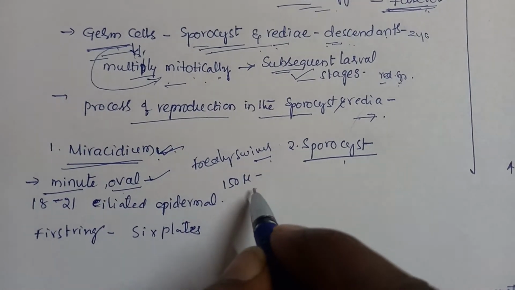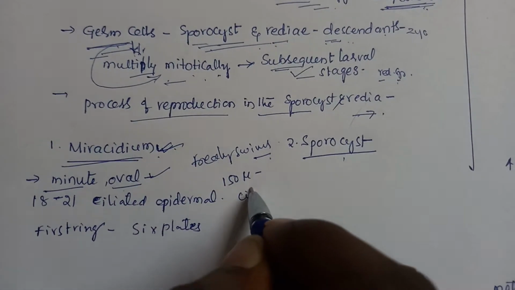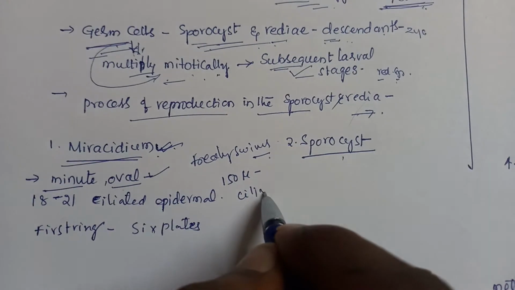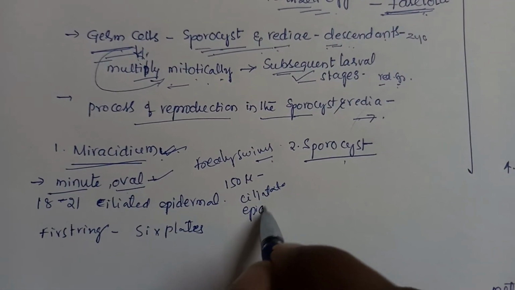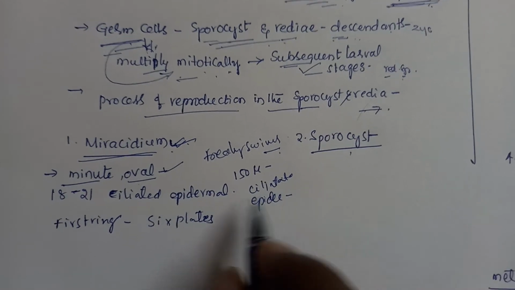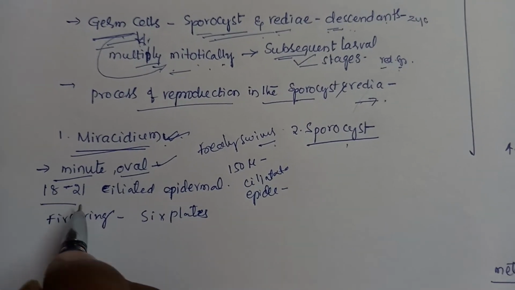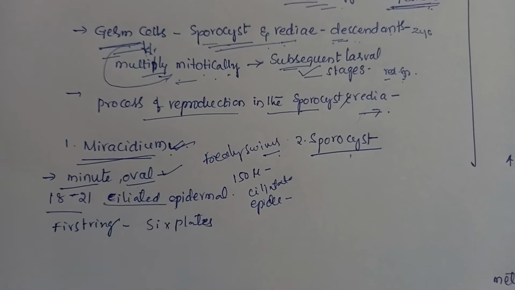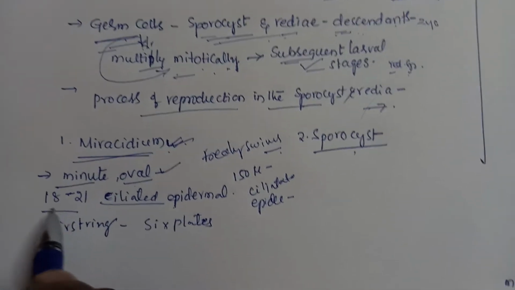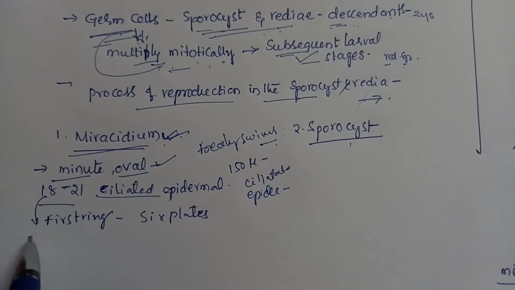its body is covered with ciliated epidermal cells. The body is completely covered with 18 to 21 ciliated epidermal cells, lying in 5 rows.